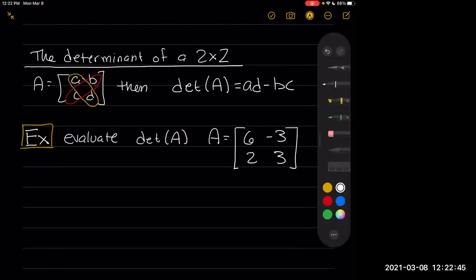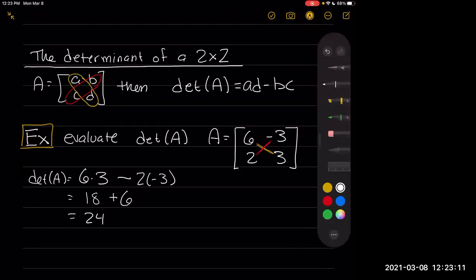So first we're going to do our main diagonal, 6 times 3, minus our off diagonal, which is 2 times -3. So this will give us 18 plus 6 because the two negatives cancel. And this is 24. So the determinant of this matrix is 24.